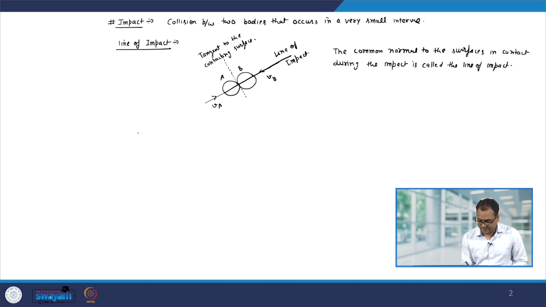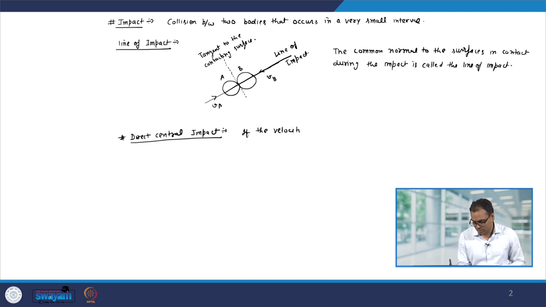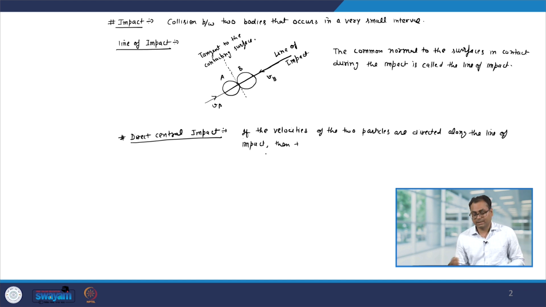Let us look at what is direct central impact. If the velocities of the two particles are directed along the line of impact, then the impact is direct impact.